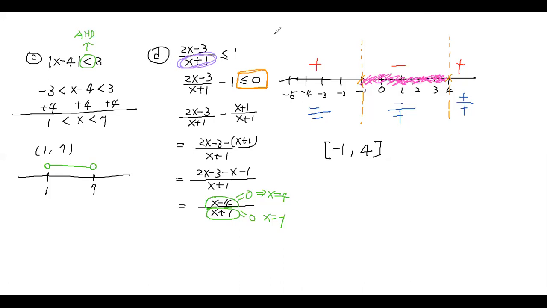So that is why in here you need to use a parenthesis, because you need to be careful, right? Because -1 is not in the domain of these functions. So this is the key part.